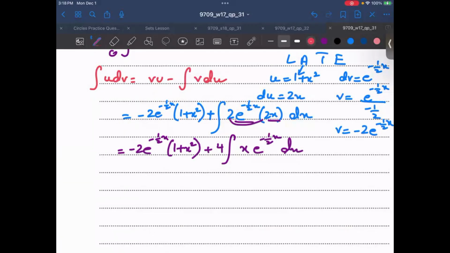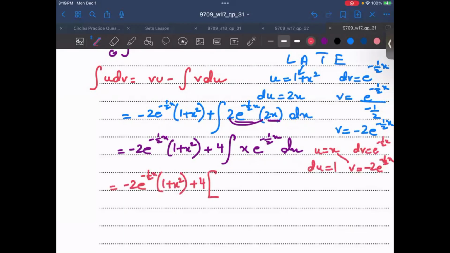Now again taking u as x, so du will be 1, and dv will be e power minus half x, which will make v equal to, as we did earlier, minus 2 e power minus half x. So simplifying this, we'll get minus 2 e power minus half x into 1 plus x squared plus 4 into vu, so vu will become minus 2x e power minus half x, minus integral of v du.